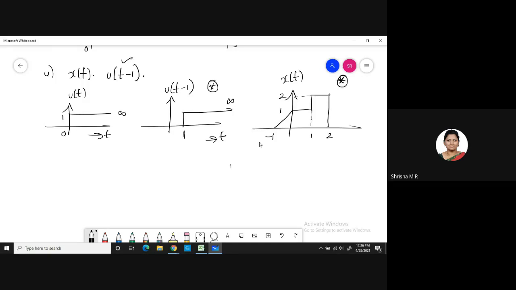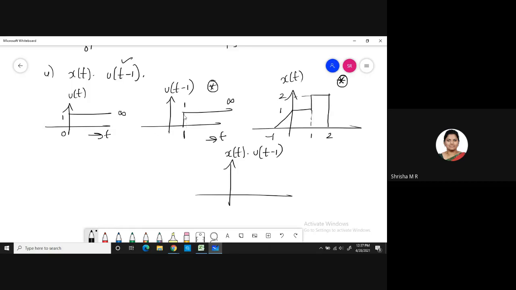So what is the overlapping space for x of t into u of t minus 1? In u of t minus 1, the signal is with amplitude 1 from 1 to infinity. What is the overlapping space between these two?